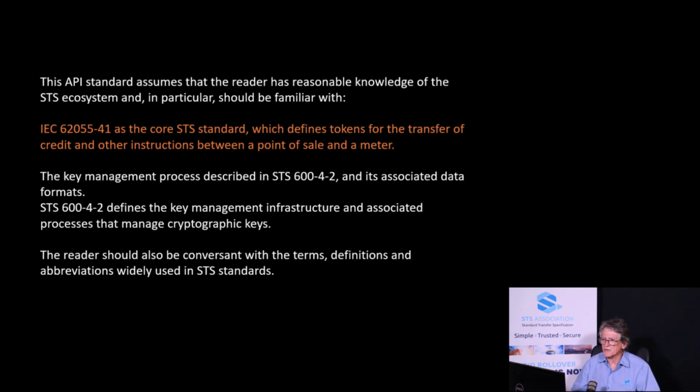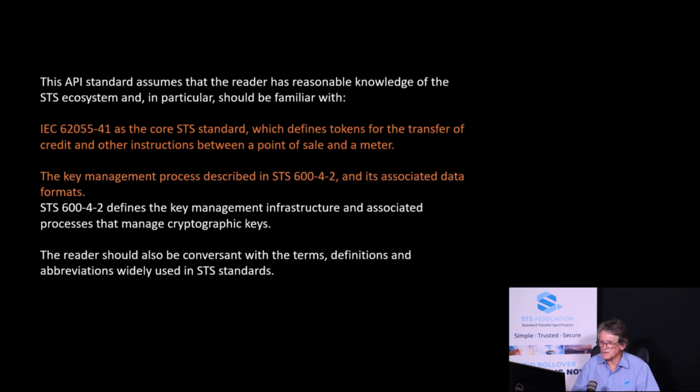This API standard assumes that the reader has reasonable knowledge of the STS ecosystem, in particular should be familiar with the IEC 62055-41 as the core STS standard, which defines tokens for the transfer of credit and other instructions between a point of sale and a meter.